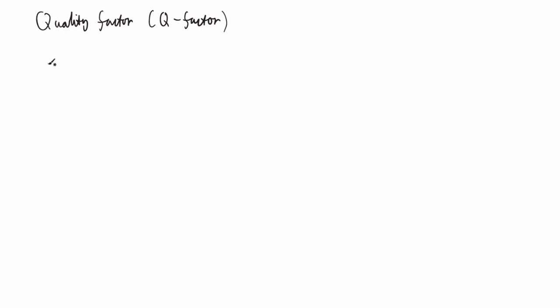The quality factor is just defined as the resonance position divided by the resonance width. The resonance position is roughly omega 0, and the resonance width is just 2 beta. So that's the definition of the quality factor.